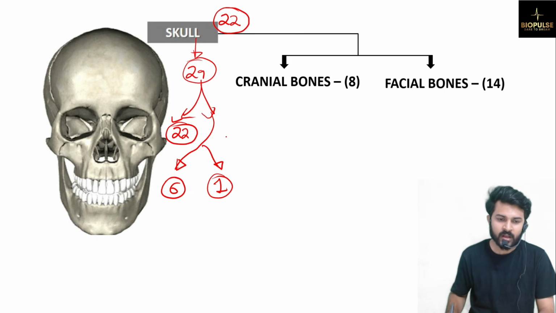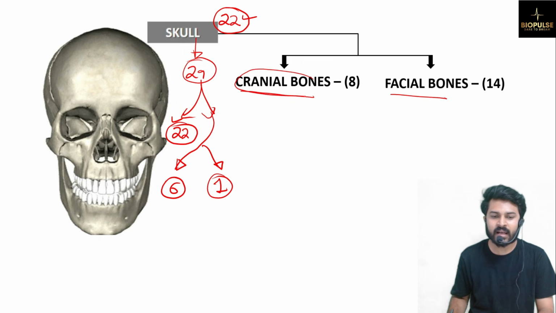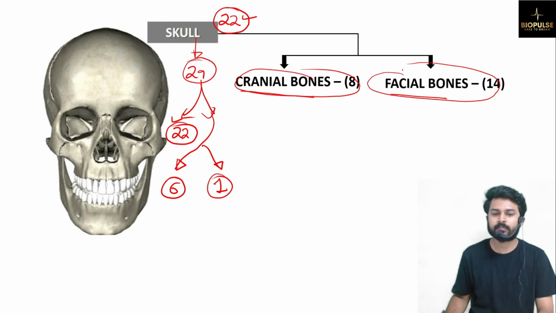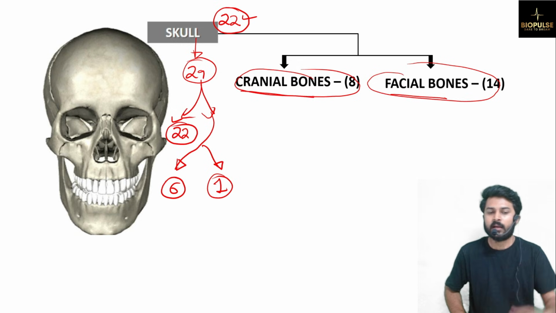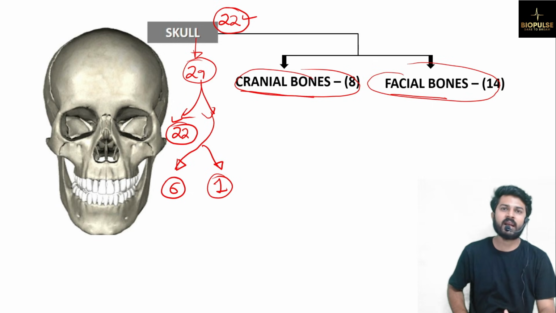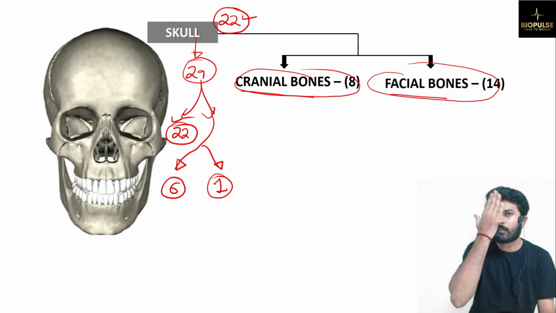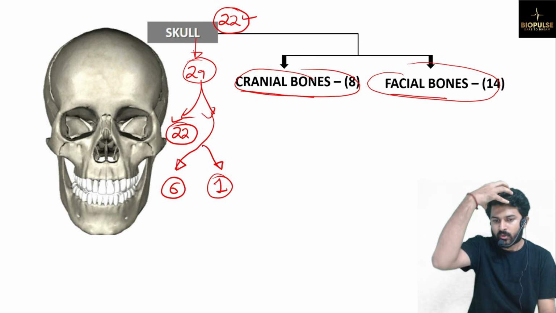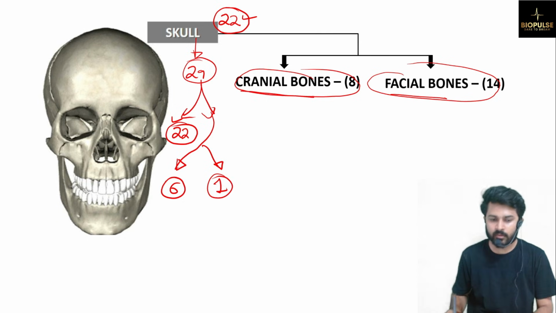This much clear? Now we need to know about the cranial bones and facial bones. Out of these 22 bones, 8 will be the cranial bones and 14 will be the facial bones. Fine. In the cranial bones, how to know about all the 8 cranial bones? The frontal part of the bone will be called what?